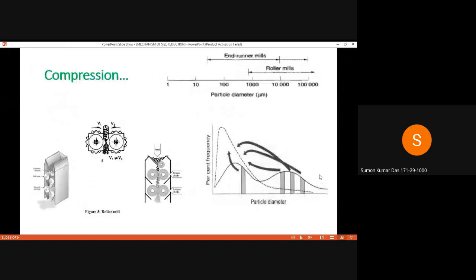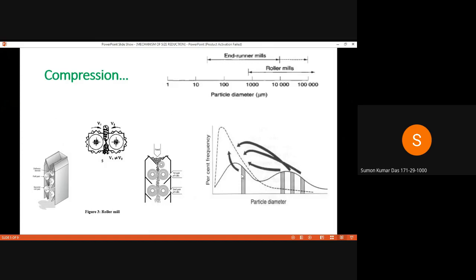Compression: particle degradation by two-directional force. First pair of rolls, second pair of rolls. The particles enter the first pair of rolls and their size reduces. Further they enter the second pair of rolls and their size reduces again.